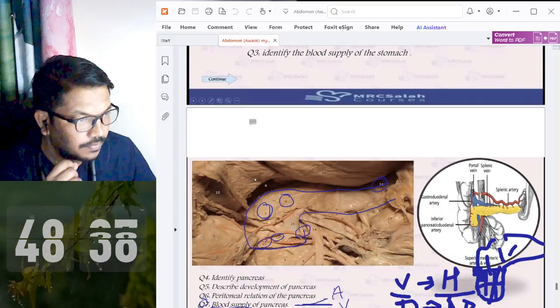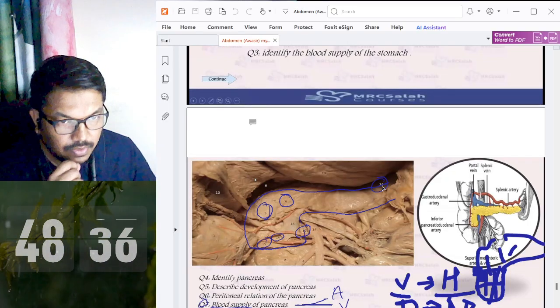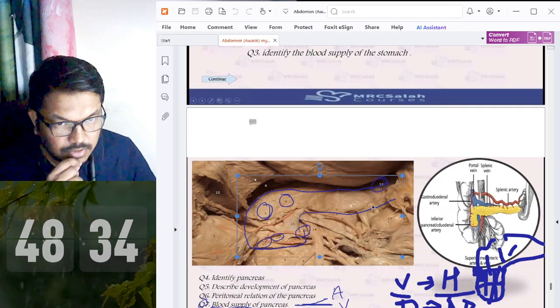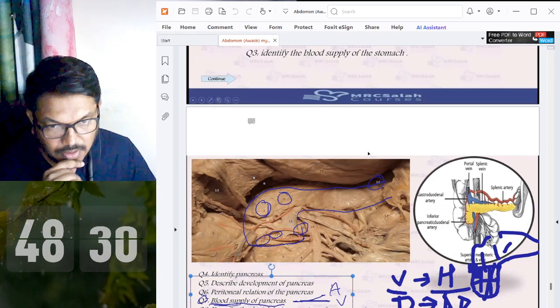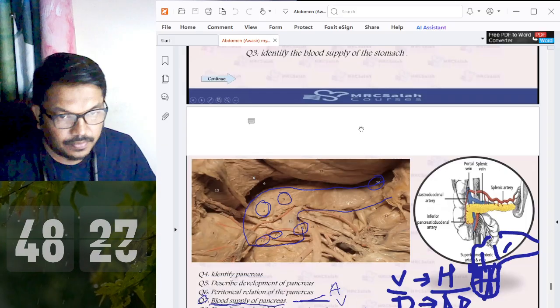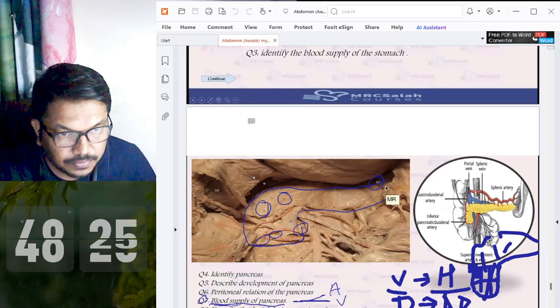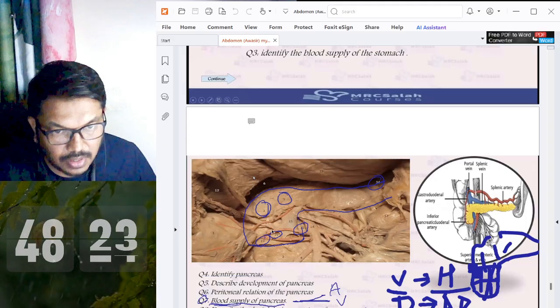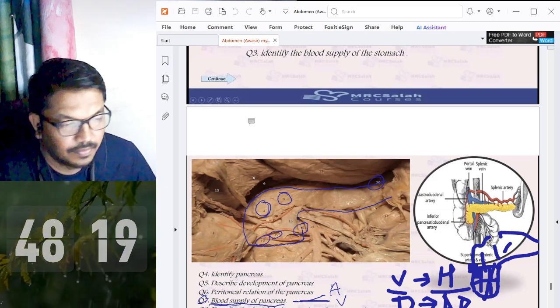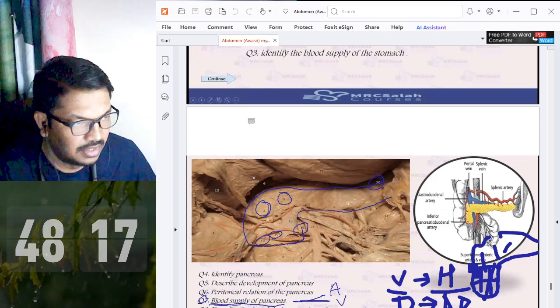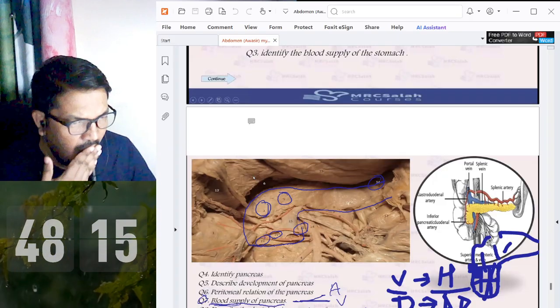Number 10, is it? No, this is 16. You can zoom in. Okay. And what is number 19? Number 19, it's the uncinate process.